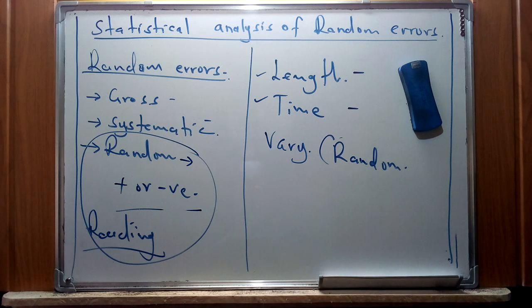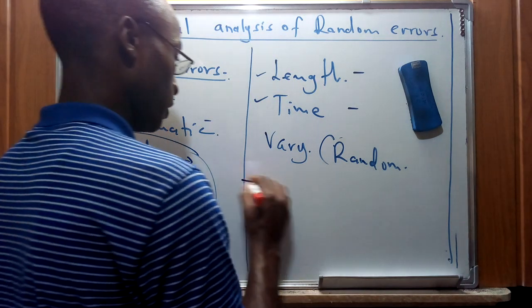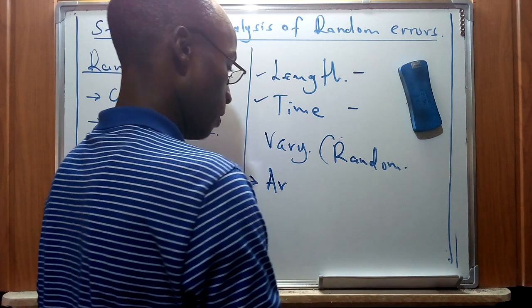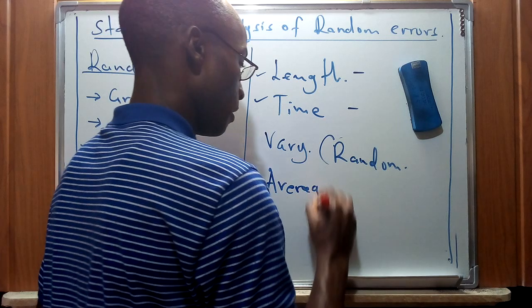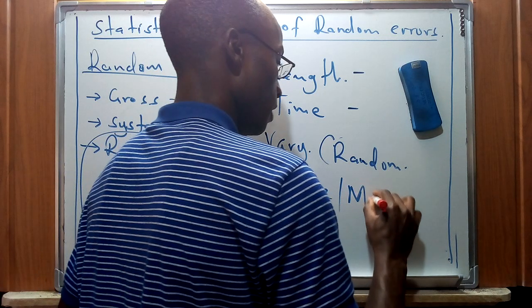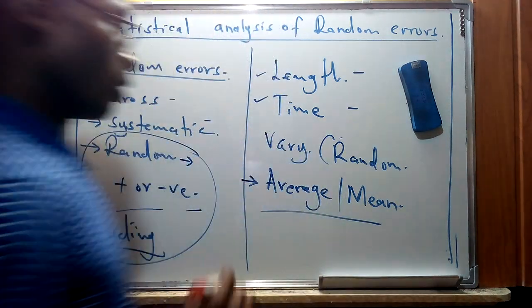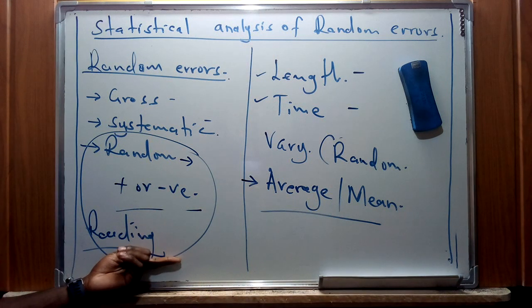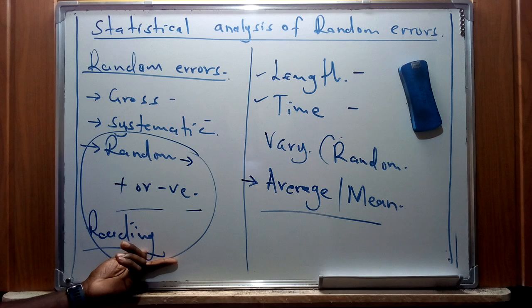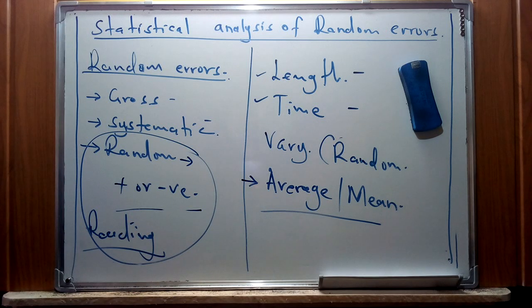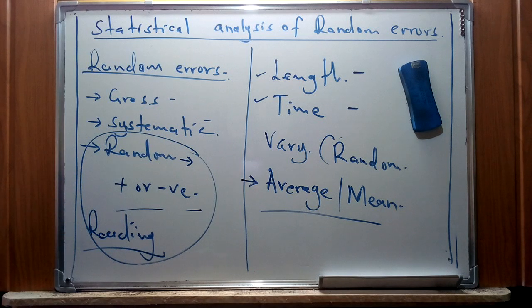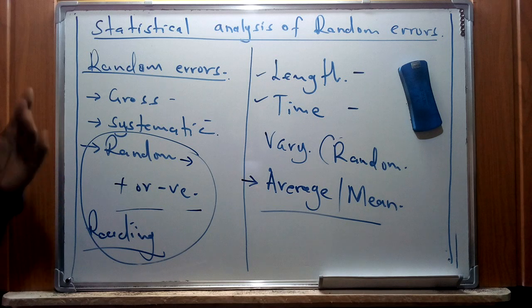Therefore, obtaining the average, or what we refer to as the mean, is done by taking the total of these specific readings divided by the number of those readings, or the trials which have been done, first, second trial, up to the number of trials.